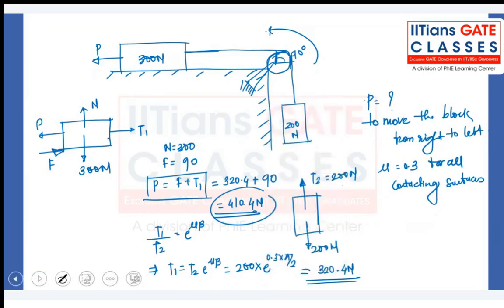If you want, I'll read the question again. In this figure, what is the value of the force P in order to move the 300 Newton block from right to left? Consider mu is equal to 0.3 for all contacting surfaces. Okay, no problem. I hope everyone understood this question.